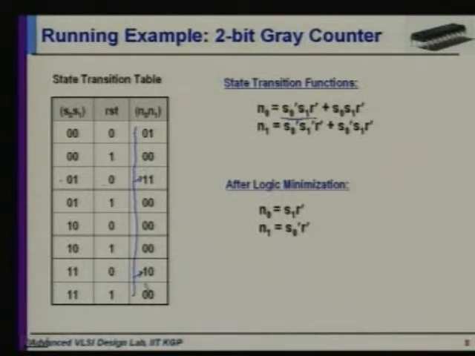Now let us look at this one. S0 is 1, S1 is 1 and reset is 0. So the first state bit becomes 1 in the next state only under these two conditions, that is this one and this one.